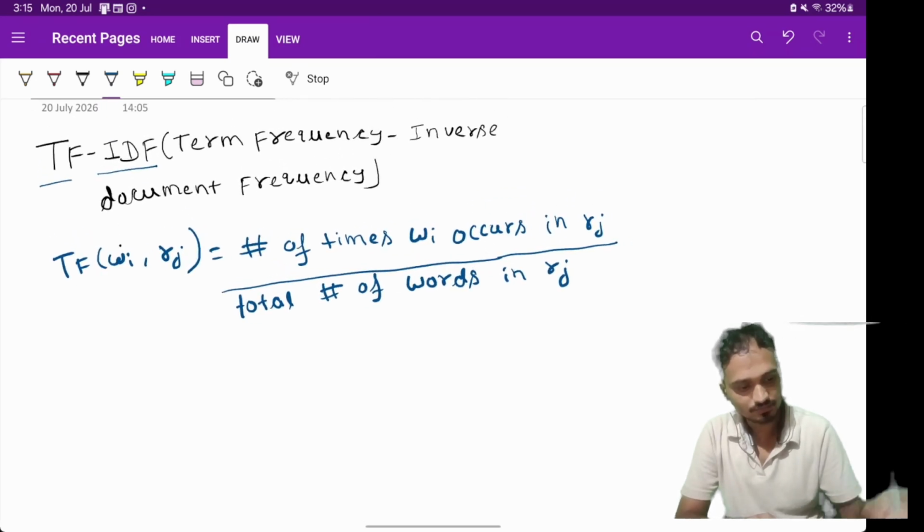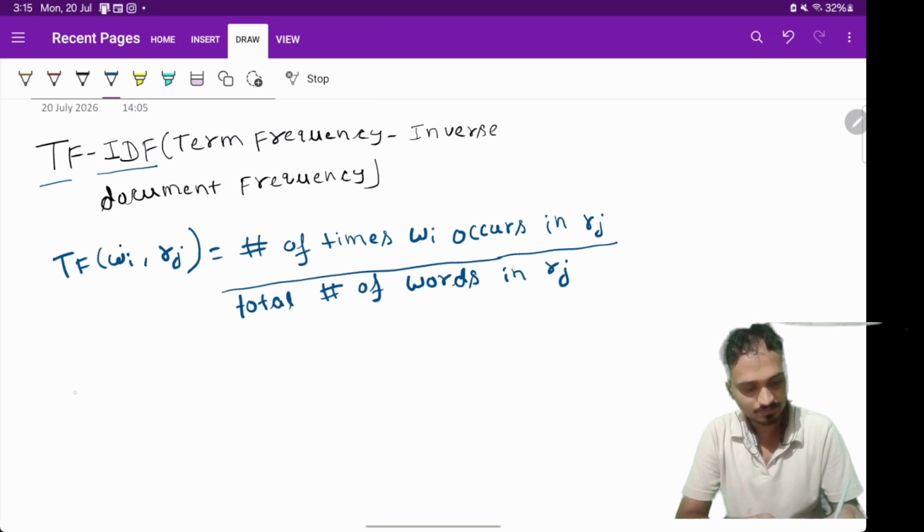First, let's consider Rj to mean a review, or you can say a sentence. Let's say we have R1, which contains word one, word two, word three, dot dot dot, word n.